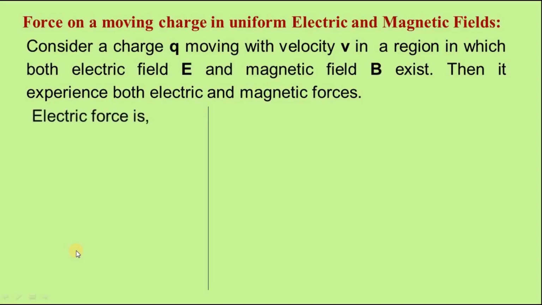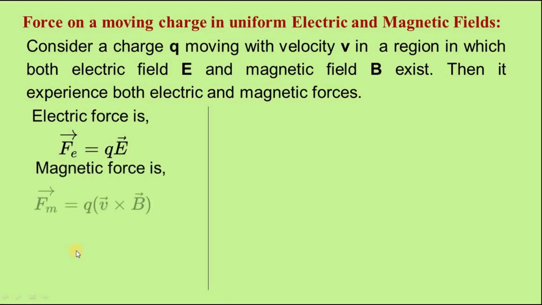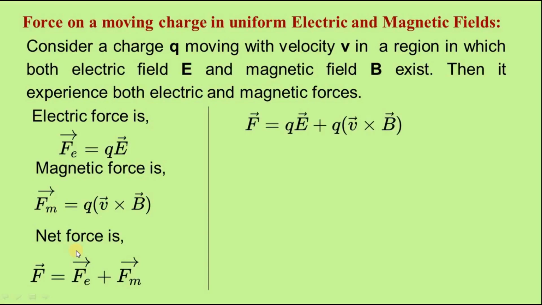The electric force is given by Fe equal to Q into E, and the magnetic force is given by Fm equal to Q into V cross B. Therefore, the net force acting on the charge is the sum of both electric and magnetic force. Therefore, F equal to QE plus Q into V cross B.